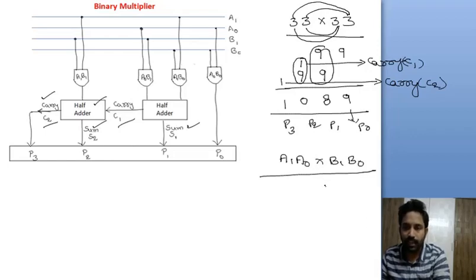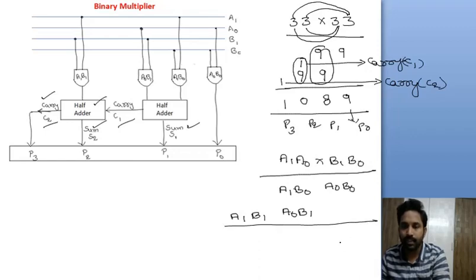First of all, A0 is multiplied with B0. Next, A1 is multiplied with B0. Next, A0 is multiplied with B1. Next, A1 is multiplied with B1, right?